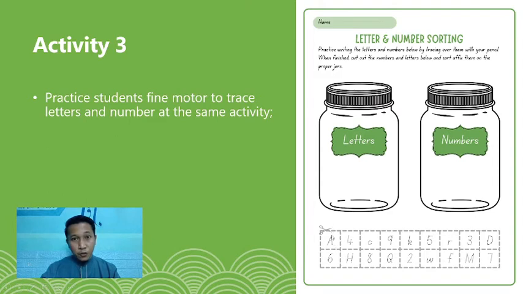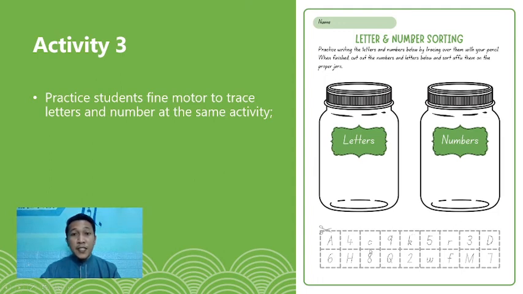The letters are provided in uppercase and lowercase, so they can distinguish which one is uppercase and which one is lowercase. In the same activity, they are also required to trace numbers, so they can distinguish which are numbers and which are letters. After that, students are asked to cut these sheets into rectangles.